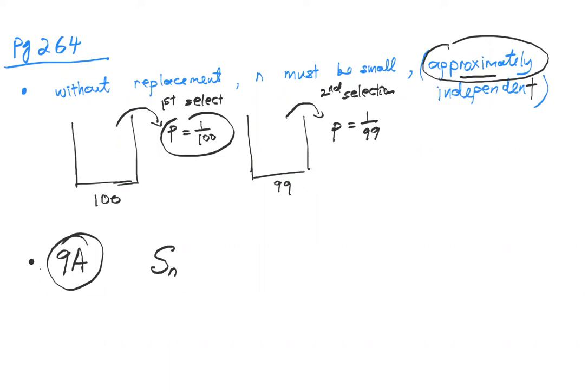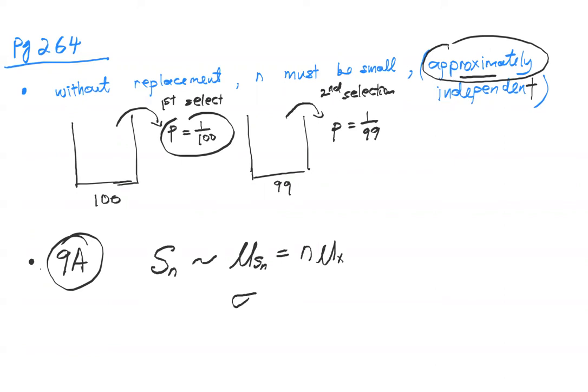But we know that for this distribution, the mean will be equal to what? From your exercise 9A, you tell me what is the mean? Hao Xuan? How to find the mean? It is n times the mean of the population, correct?